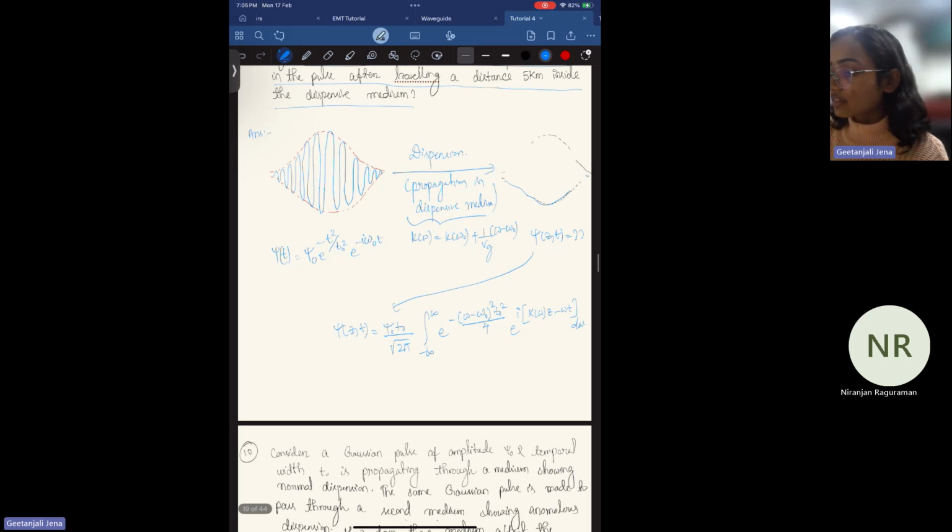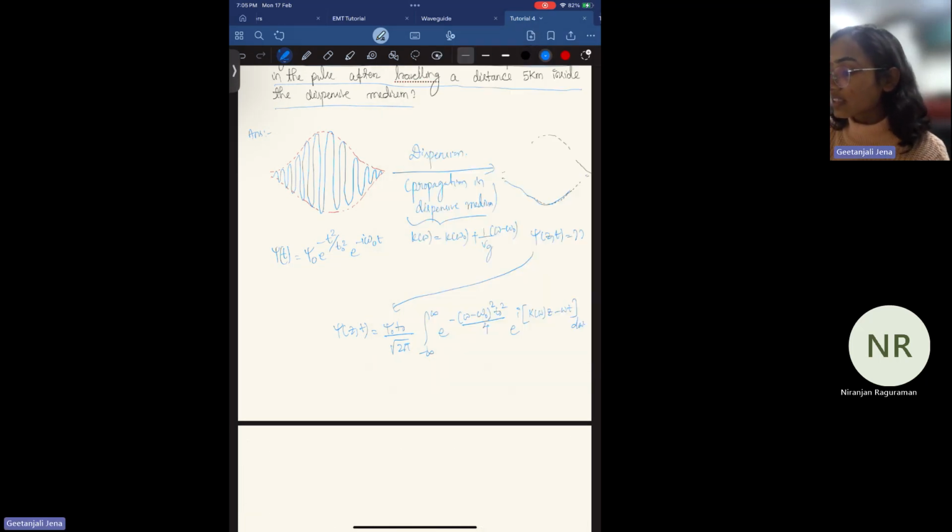And when we consider the dispersion, the Taylor series expression up to first order, that is k of omega 0 plus dk by d omega, which is 1 by vg, times omega minus omega 0.